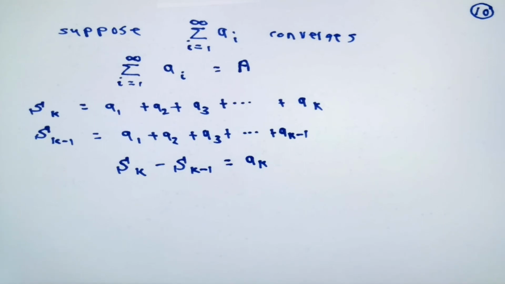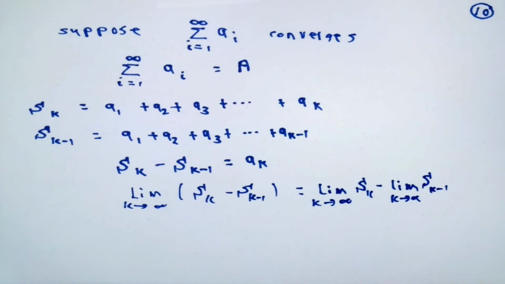These two formulas differ only by the presence of a sub k in the first one. So if I look at s sub k minus s sub k minus 1, that's actually equal to a sub k. These partial sums, though, as a sequence of numbers, converge to capital A.